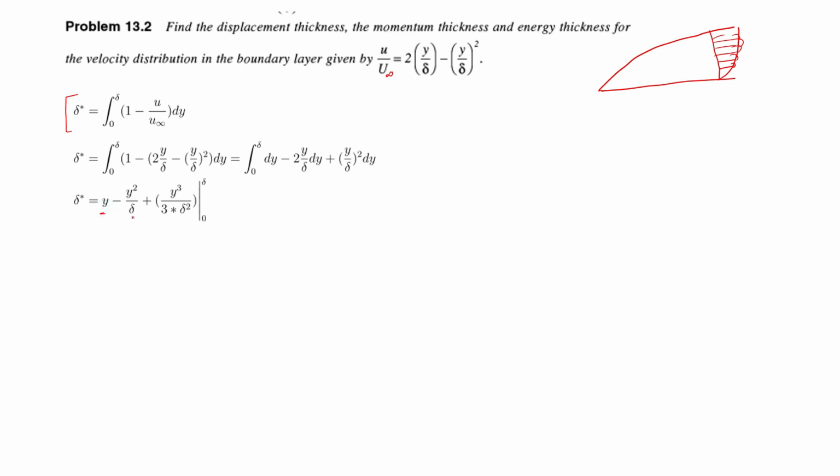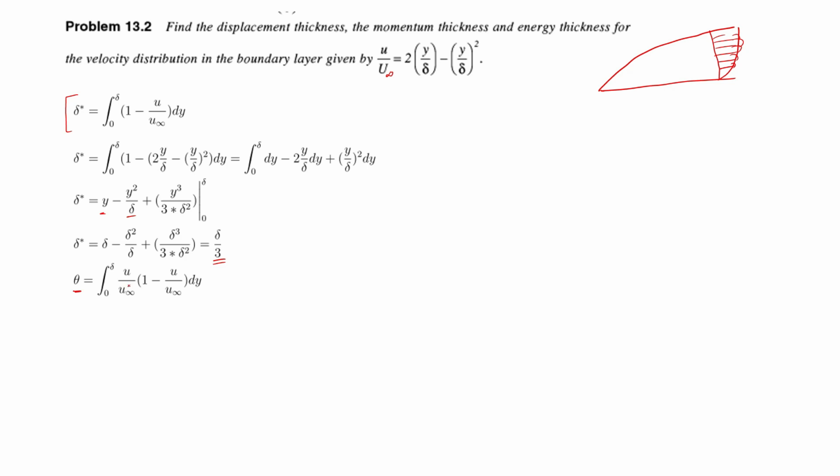And so delta star is equal to y minus y square by delta plus y cube by 3 delta square within the limits 0 to delta. So you will get delta star as delta by 3. So this is the displacement thickness. This is how you find the displacement thickness.